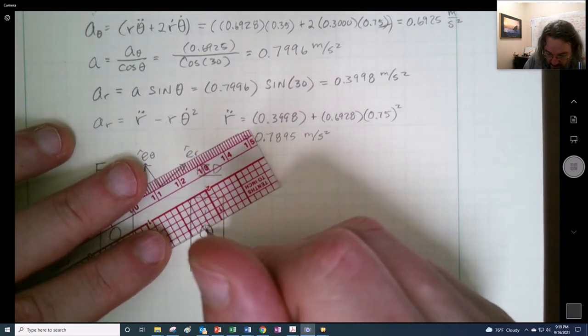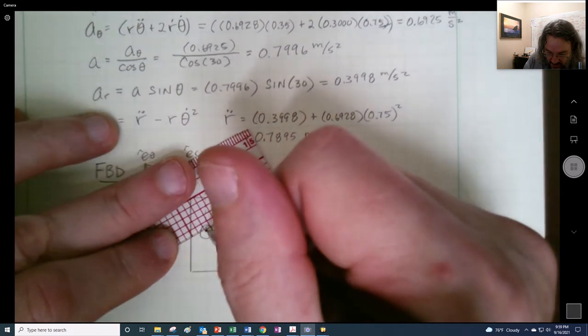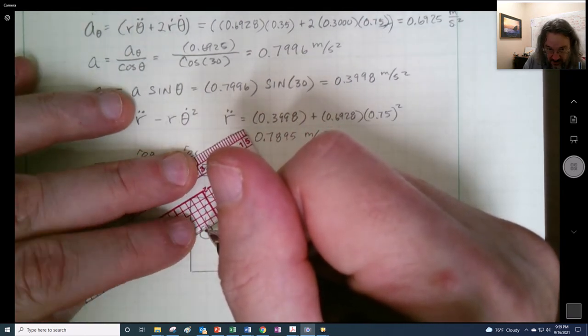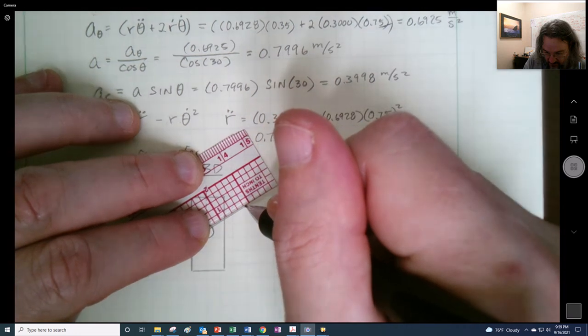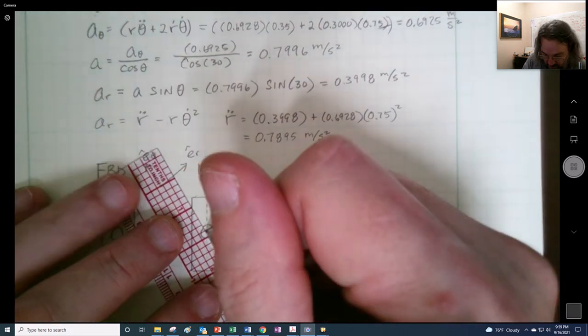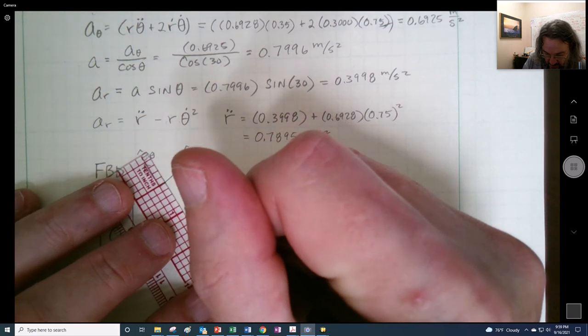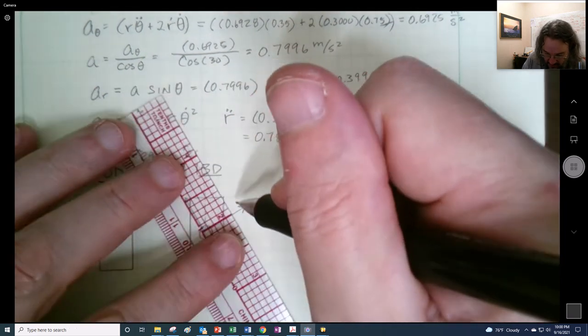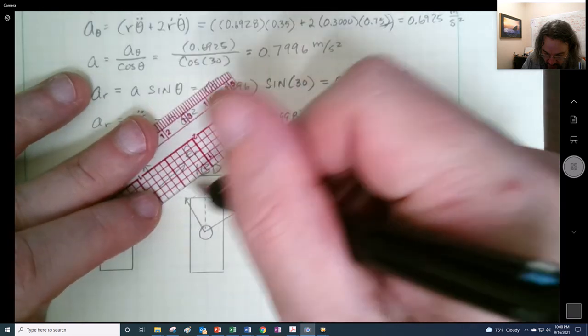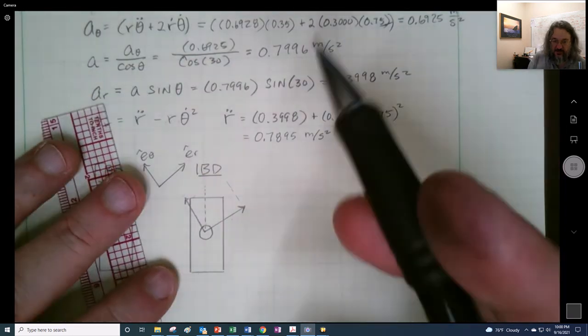We'll try to make it look like 30 degrees, something like that. So we're going to have an acceleration coming this way, and an acceleration coming this way, right there, right? But I made these way too big, so it's coming up something like that.